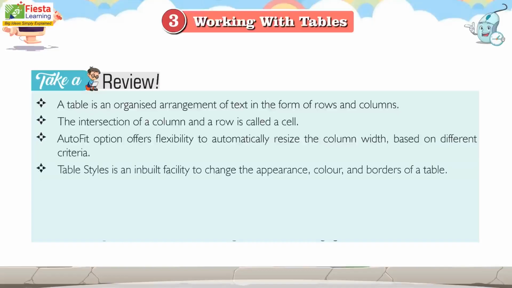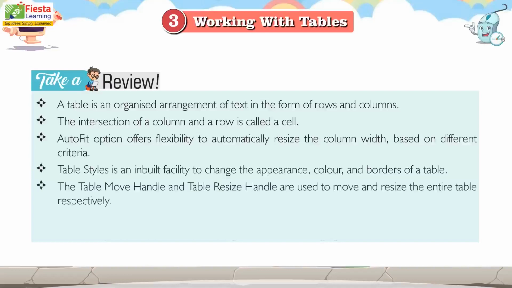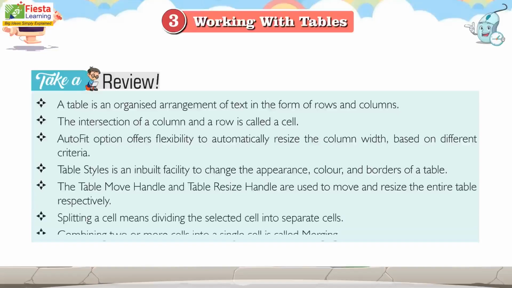Table Styles is an inbuilt facility to change the appearance, color, and borders of a table. The Table Move handle and Table Resize handle are used to move and resize the entire table respectively. Splitting a cell means dividing the selected cell into separate cells. Combining two or more cells into a single cell is called merging.